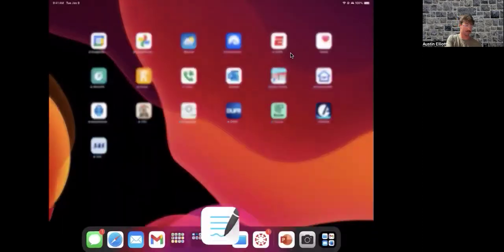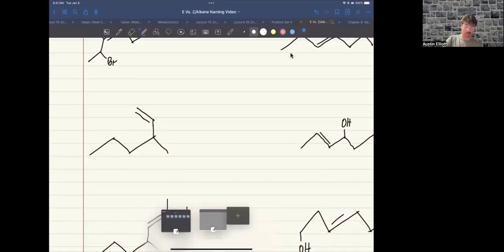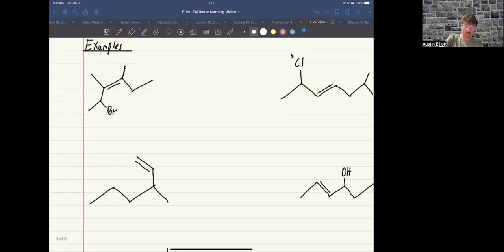So for this first one right here, we are going to start by highlighting the longest chain. So we're going to start down here and then number. So 1, 2, 3, 4, 5, 6. So same with our other naming.